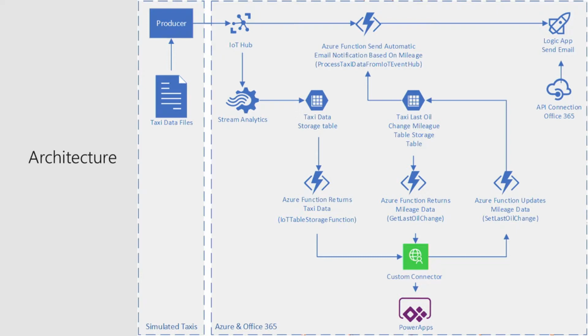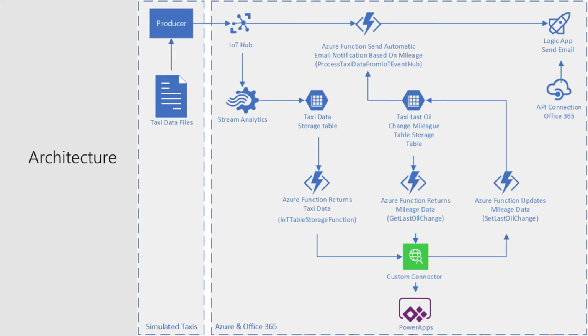In my case, in this example, I'm just forwarding all of the data that comes in from my Event Hub, and I'm putting it here into table storage, into that table called taxi data. That's the same one I just showed you in the Azure Storage Explorer where I showed all that data that was in. Then, to get it into my PowerApp, I wrote a custom connector.